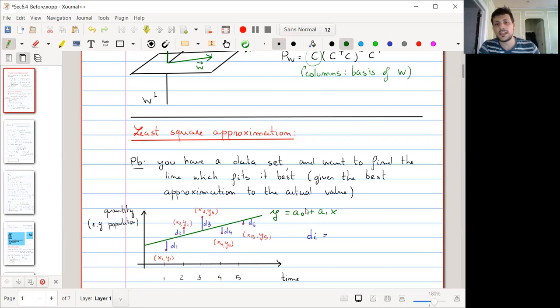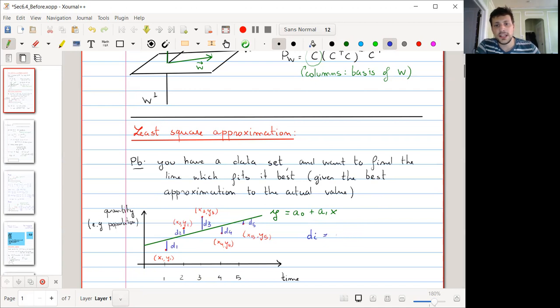So we want to find a0 and a1 that are optimal in the sense that they minimize the mistake you make by considering the green line instead of points in your data set. To do so, we will need to consider the distance of every one of these points to the line.